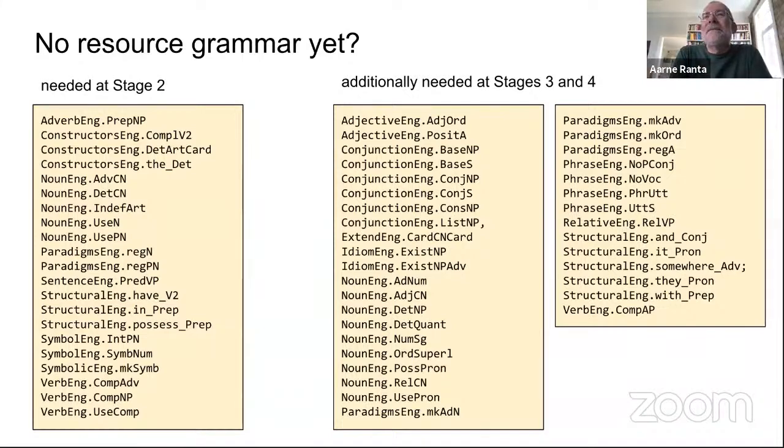It was not that much, I would say: there were 23 at stage 2, if I remember correctly, and 57 at stages 3 and 4. That gives some idea of what is good to start with if you want to build a resource grammar for the use of Wikidata NLG.